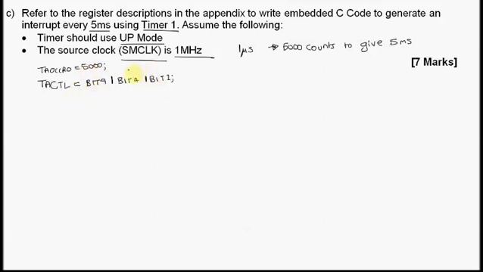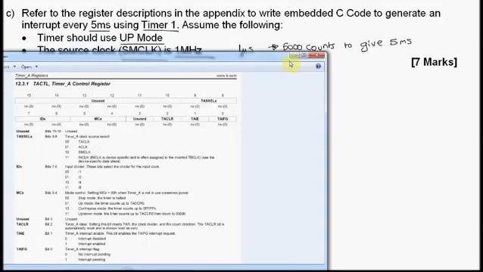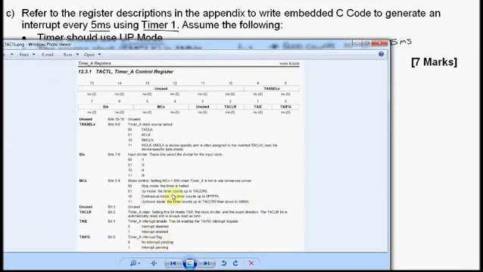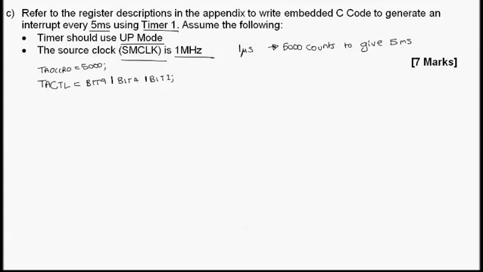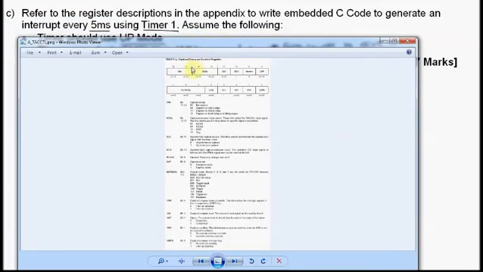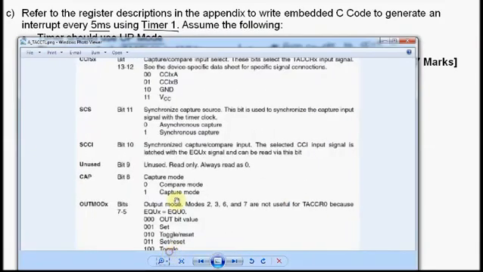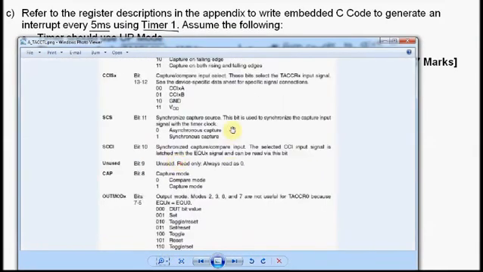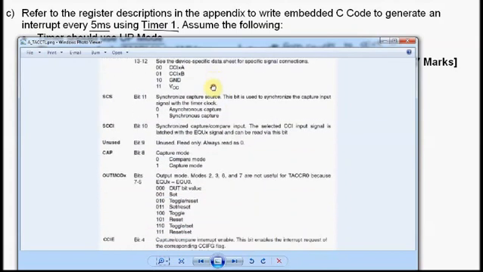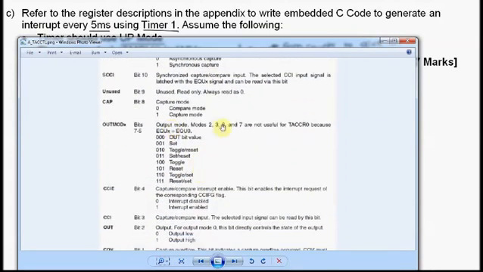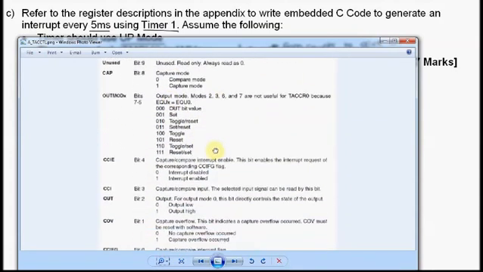Now if we were toggling a pin, for example, we'd need to do it slightly differently. We wouldn't use interrupts for starters, and we certainly wouldn't use the interrupts on the timer control register. Where we would set things up is in the timer capture compare control register for the particular bit that we were wanting to flip. So in this register we can set our output mode, and that's the output mode that will toggle specific pins.